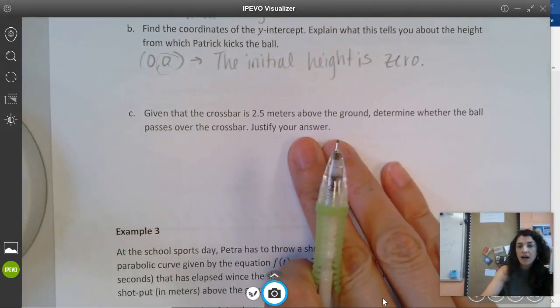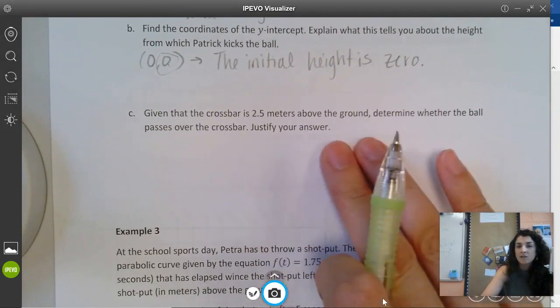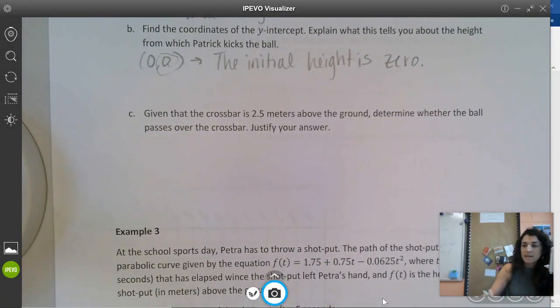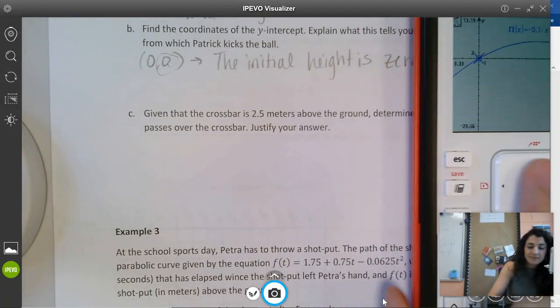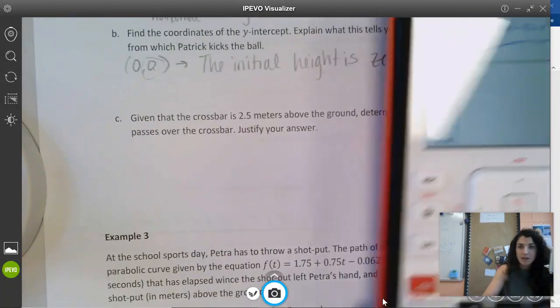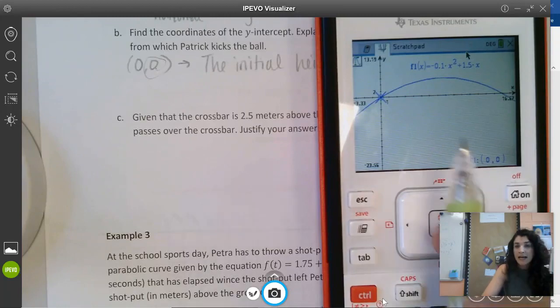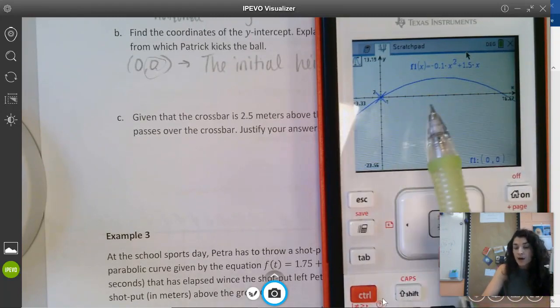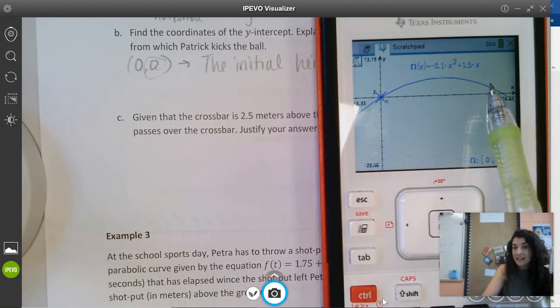Okay. So given that the crossbar is 2.5, determine whether the ball passes over the crossbar. There's a couple ways that you can do this. You can try and figure out at what x value, at what horizontal distance, would your height be at 2.5?